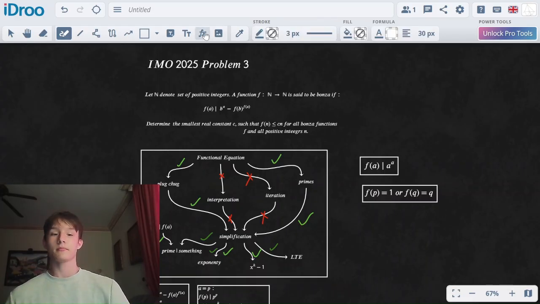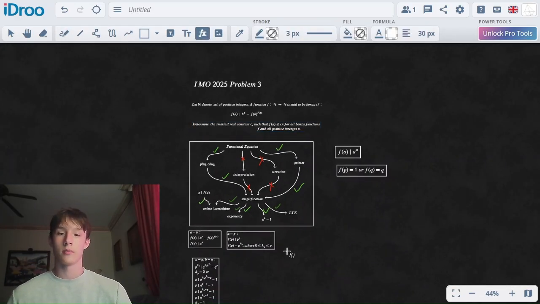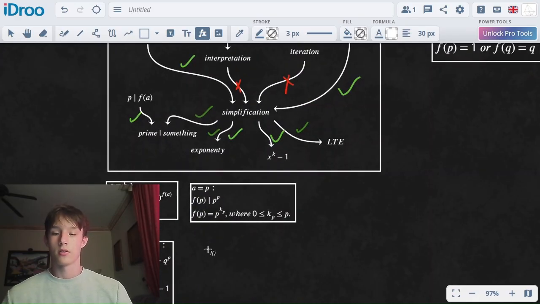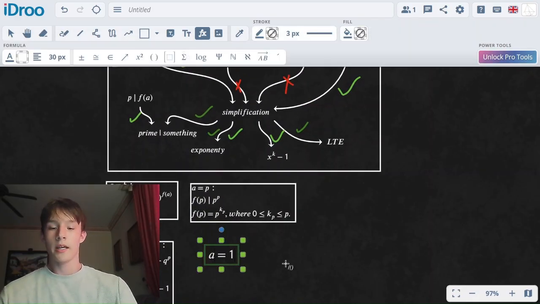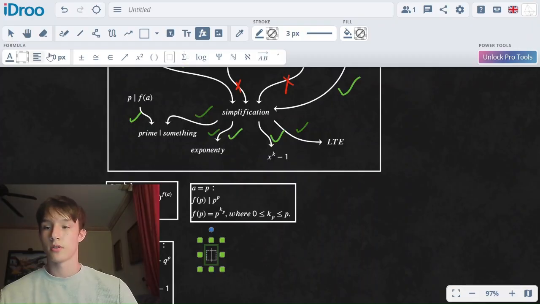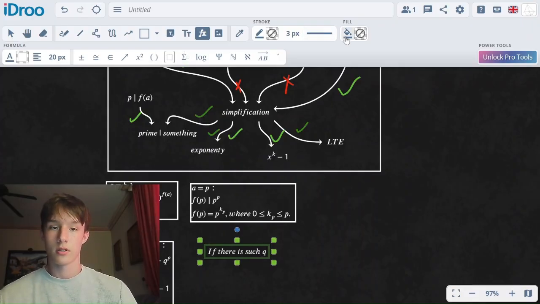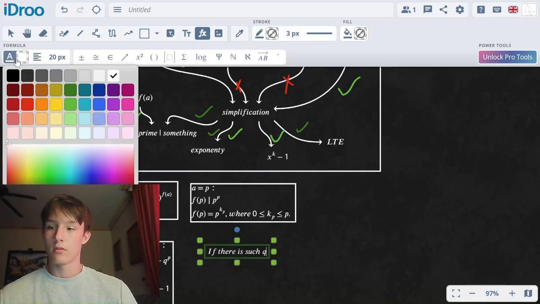Everything is nice. So right now we can plug in, say, if there is f of q that is equal to q, then let's plug it in and let's see what we get. So a equals q. Let's substitute, if there is such q.